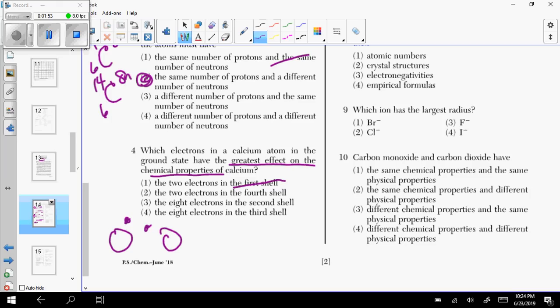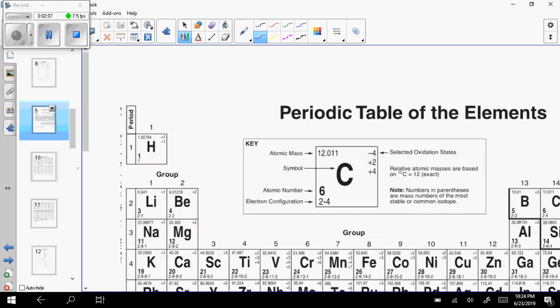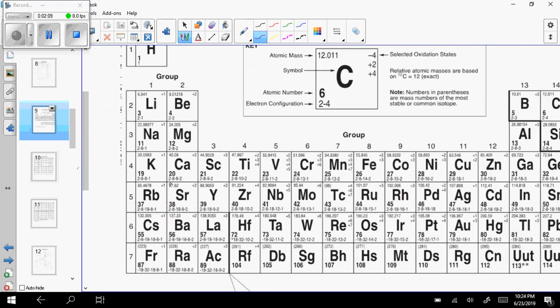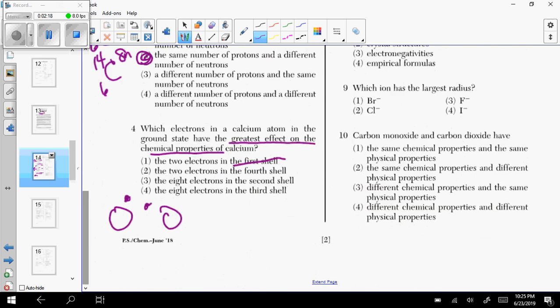And if you look up calcium on your reference table, there's calcium and it's 2-8-8-2. So the fourth shell has the valence, and those are the important ones. So the 2 electrons in the fourth shell, 2-8-8-2, those are the valence.